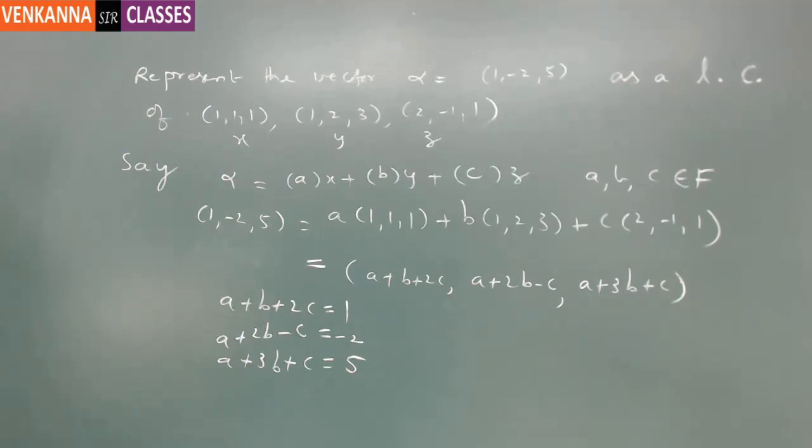Please check. Now I request you to solve these equations and give me the values of a, b, c. Take a minute and solve. You can solve it by any method: simply solving the equations, matrix method, substitution method, anything you know.